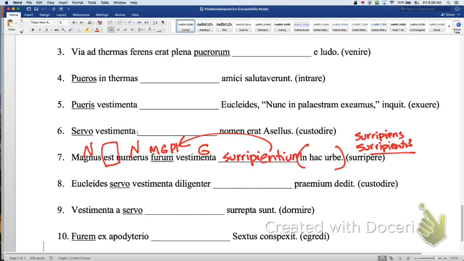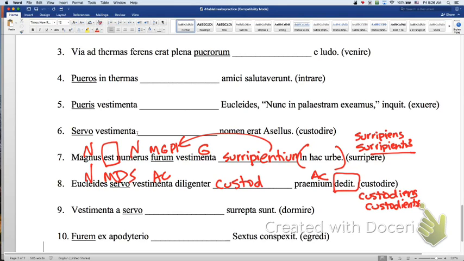Okay, let's look at the next one. So we got Euquates, this is my accusative, this is my verb. So servo is either going to be dative or ablative, right? Since it doesn't have a preposition in front of it, I'm guessing it's dative. And here's my participle. How would I make it in the masculine dative singular here?